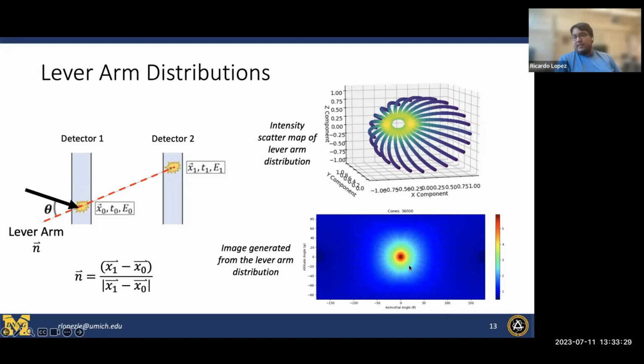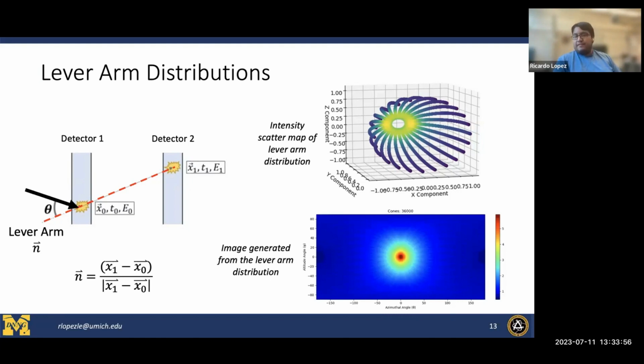So going back to the ideal or standard simple back projected image over on the bottom right, on the top is the corresponding lever arm distribution that we obtained. All the events that were used to generate that image were plotted on this scatter map for the lever arm distribution, and we have seen that kind of response.